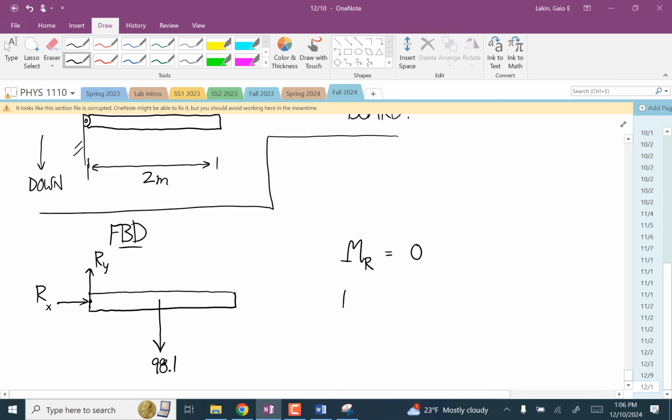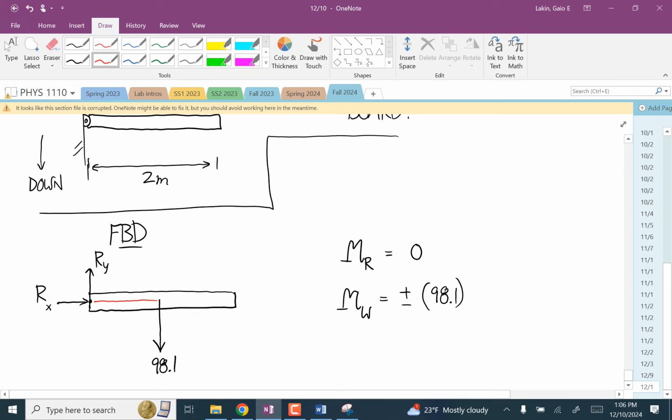Then the moment produced by the weight. This is plus or minus the force, 98.1, times the distance from the force to the hinge.